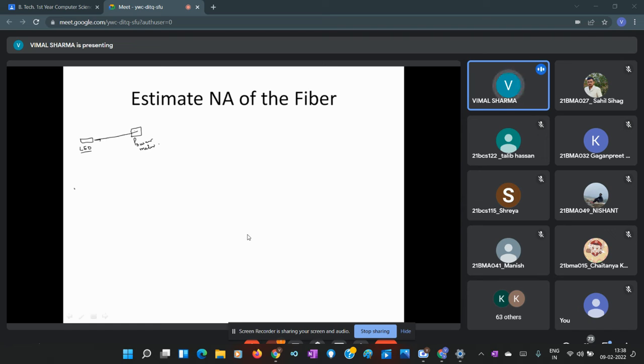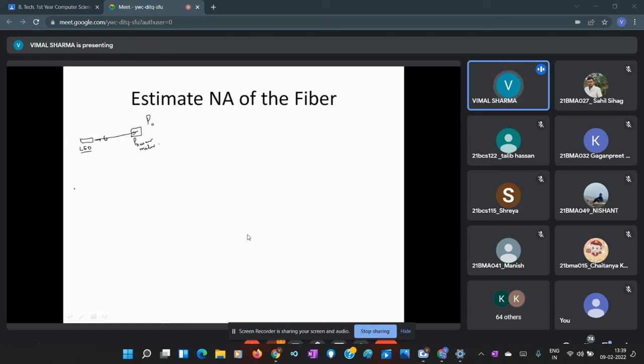It sends light and it is detected here. So when we measure the power of this signal, let me call that P naught. P naught means there is no other medium. It is like vacuum or free space.